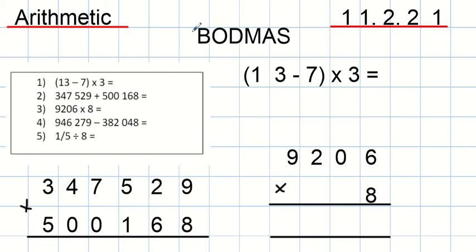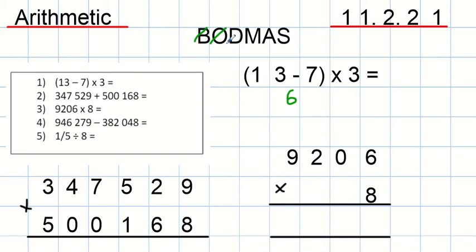Okay, that means we've got to start by doing the brackets first. So that's 13 subtract 7, which is, that's right, 6. So I'm going to jot that down so I don't forget. The O stands for, when we're at primary school anyway, orders, squared and cube numbers. There's no squared or cube numbers in this number sentence.